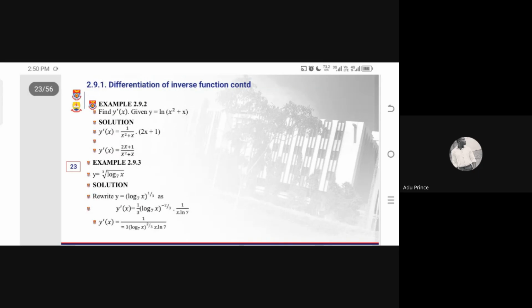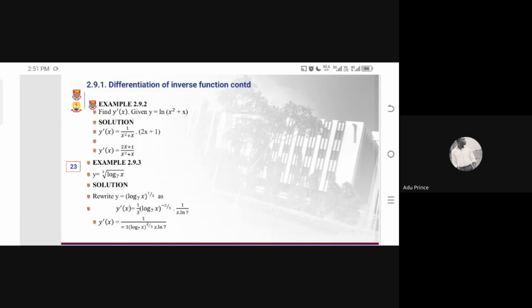So we have an example of the general basic formulas that we were talking about. When we have y is equal to ln of x squared plus x and we want to differentiate that, it is going to be 1 over x squared plus x times the derivative of x squared plus x.